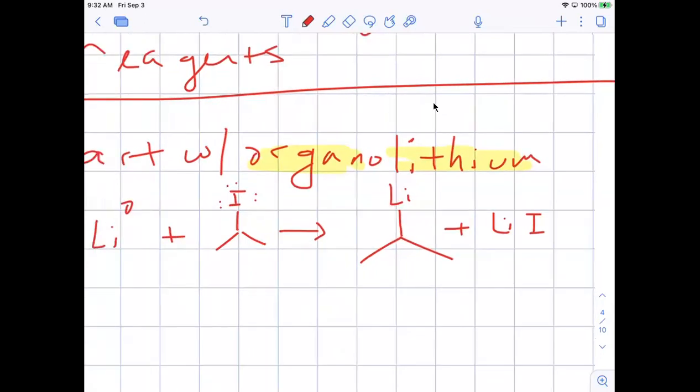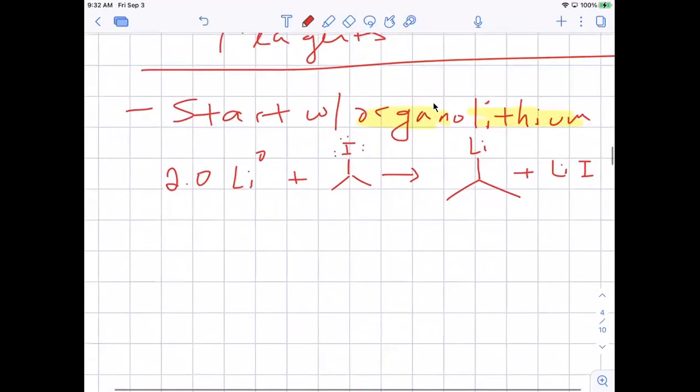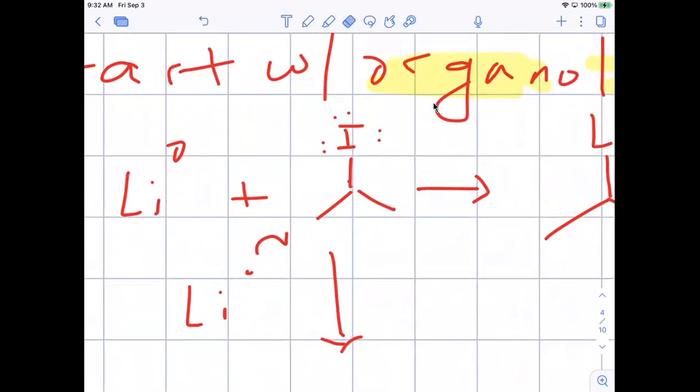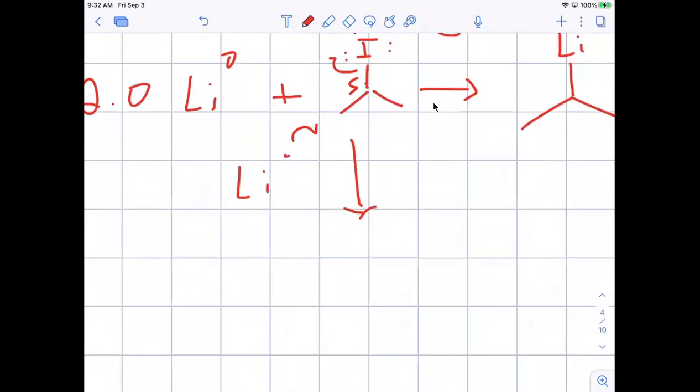If you want to see how that works, you have a lithium here with 1 electron that's going to donate and help to facilitate that bond cleavage. Like so. So you're going to end up with lithium iodide plus this radical.